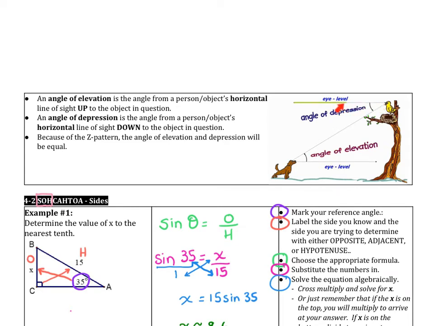So it starts from the eye level, which is the horizontal line of sight, and it goes down to the line of sight towards the dog. And then, of course, remember that because of the Z pattern, the angle of elevation and the angle of depression are equal to each other.